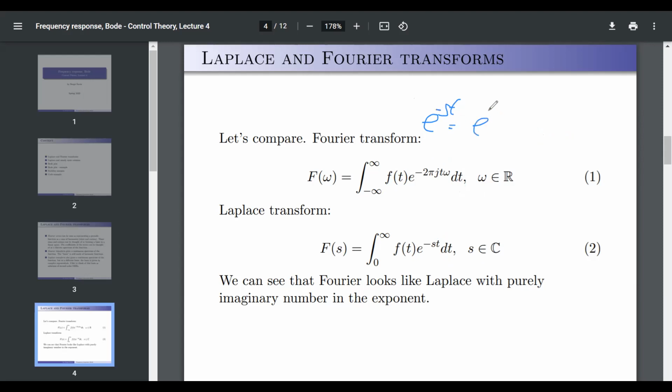It's the same as e to the power minus sigma t times e to the power minus j omega t, if s is equal to sigma plus j omega. Why does addition here lead to multiplication here? This is how powers work, right? I hope this transformation is clear.